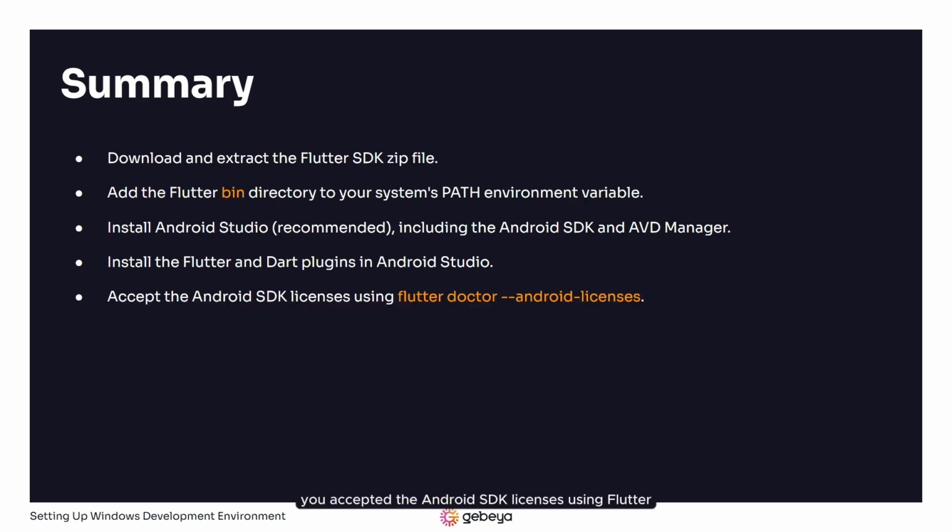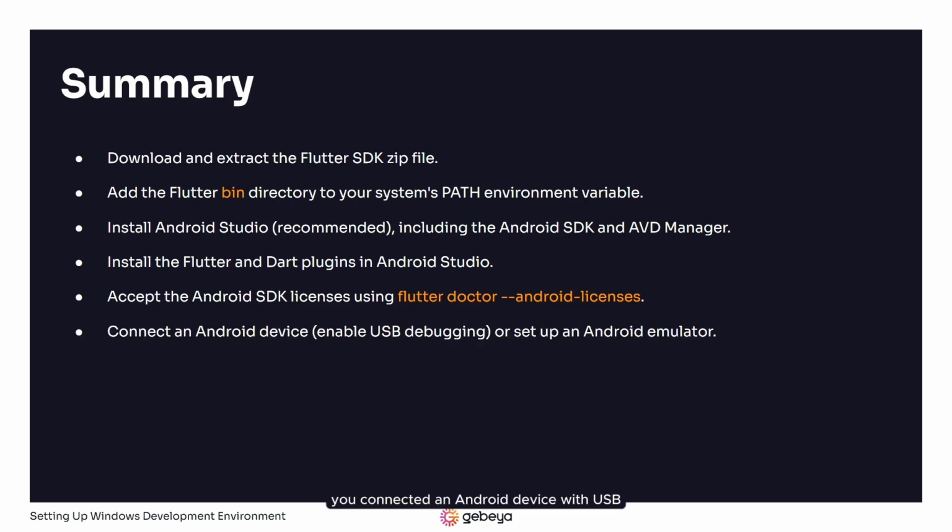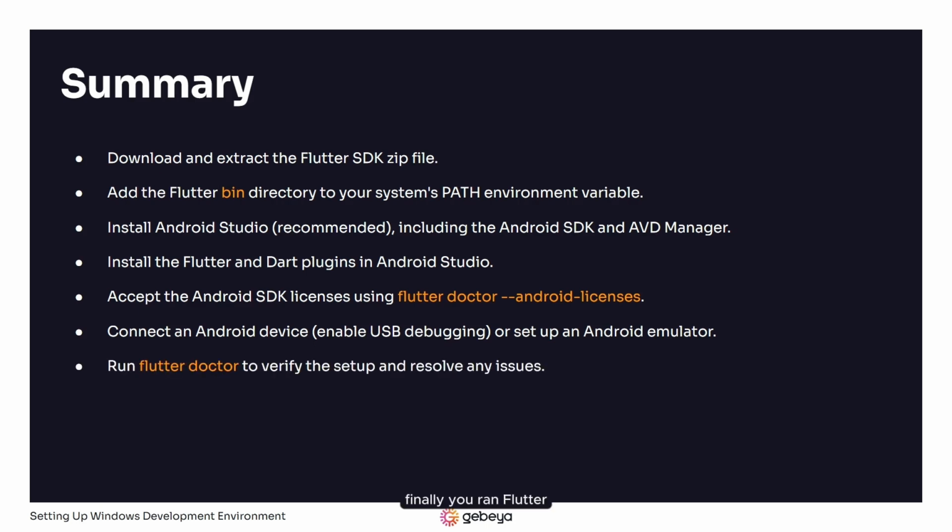You accepted the Android SDK licenses using flutter doctor --android-licenses. You connected an Android device with USB debugging enabled or set up an Android emulator. Finally, you ran Flutter Doctor to verify your setup and resolve any reported issues.